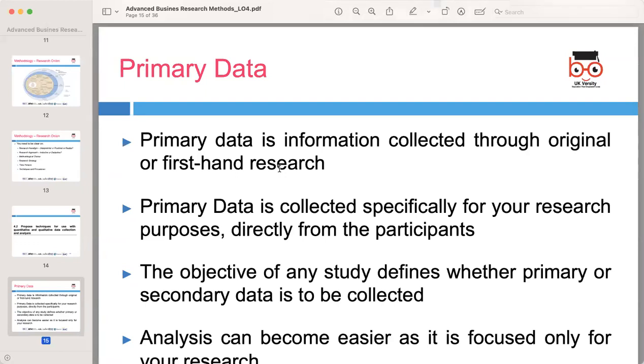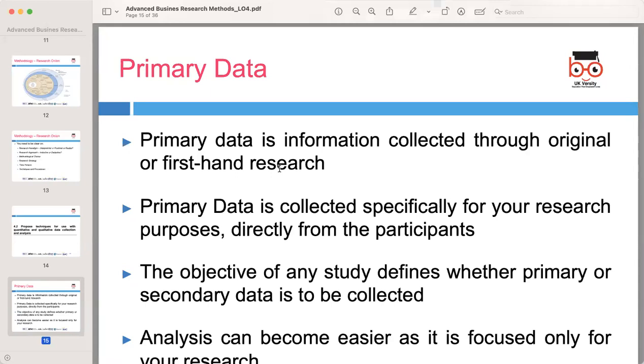So the objective or goal of your study determines whether you need to collect primary or secondary data, but primary data is usually collected when you want to obtain new and unique information that is relevant to your specific research topic.